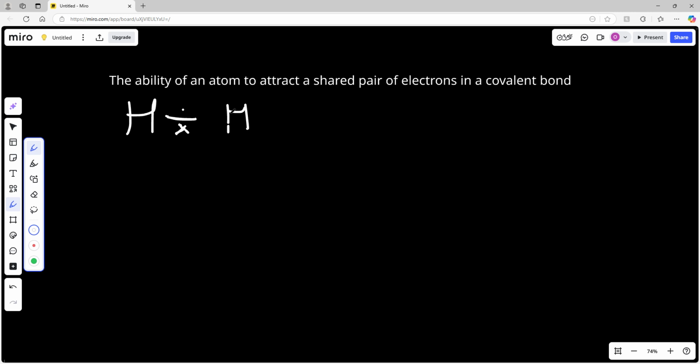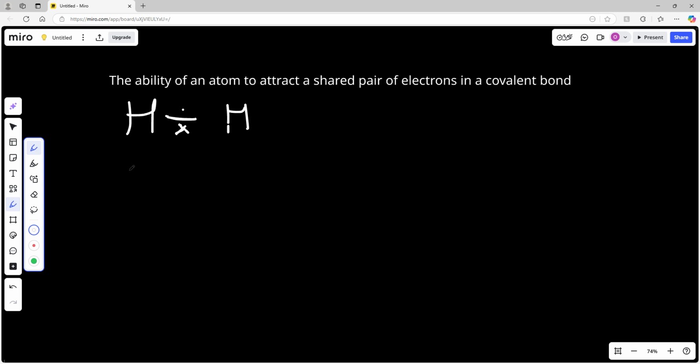The reason for this is because it's to do with electronegativity. The difference between the electronegativity is 0, and hopefully this is obvious because they're the same atom, which means the difference will just be 0 because they will have the same electronegativity value.